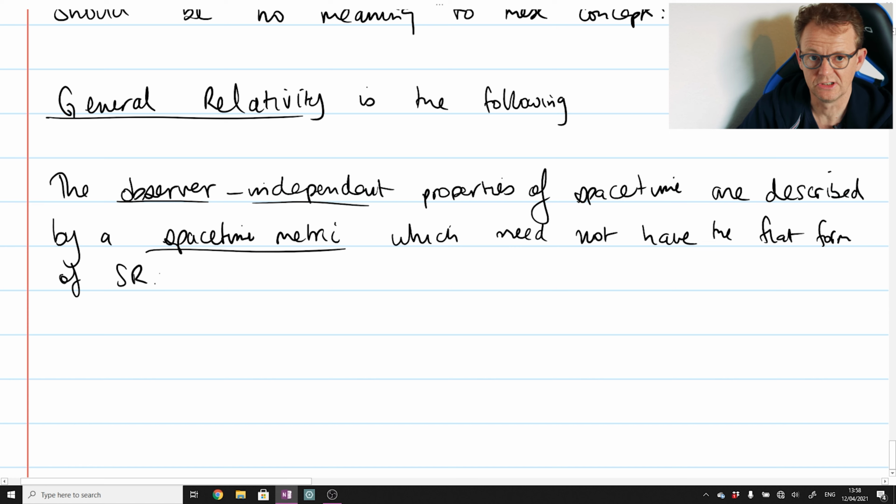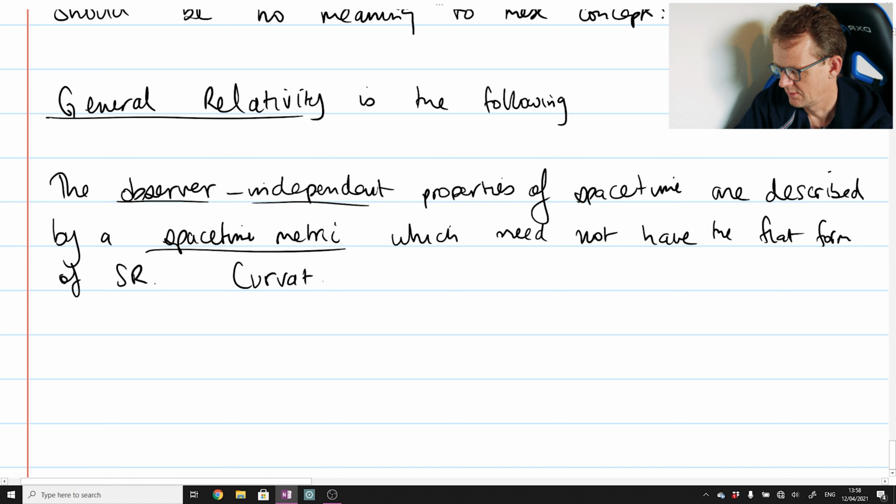So the first part of general relativity is the statement that the observer-independent properties of spacetime are described by a spacetime metric, which is a matrix of 4 numbers at every spacetime location, which need not have the flat form of special relativity. Okay. Now comes the bite.